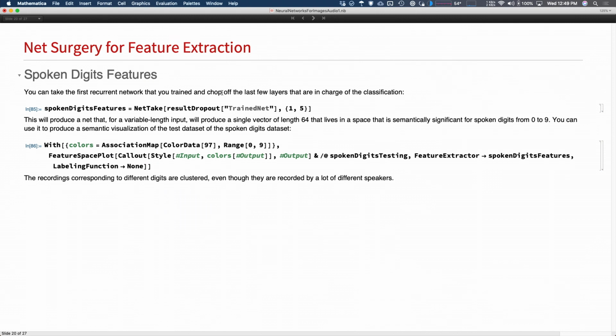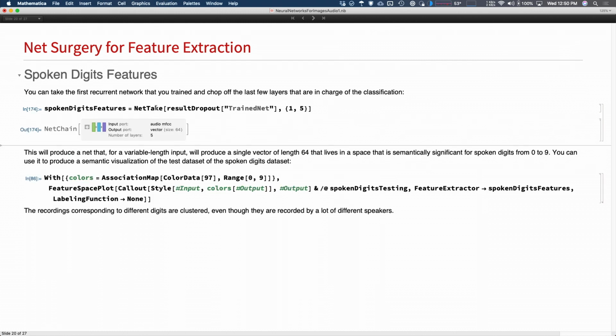One thing that you can do after you have trained the net is some surgery. In this case, for feature extraction, you want to exploit the internal representation that the net has produced during the training process to, for example, visualize signals in a space that's semantically significant in the space of the data set that you have trained the net on.